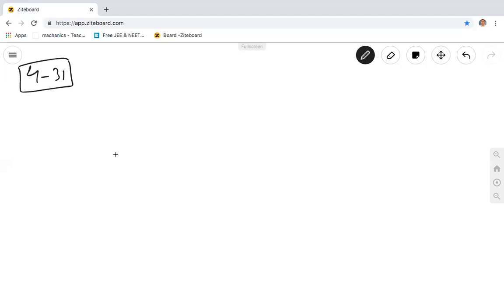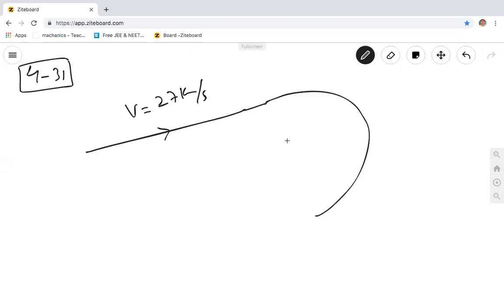A cyclist is moving on a straight road with velocity 27 km per hour, and all of a sudden he sees a turn of radius, suppose the radius is given to be what?